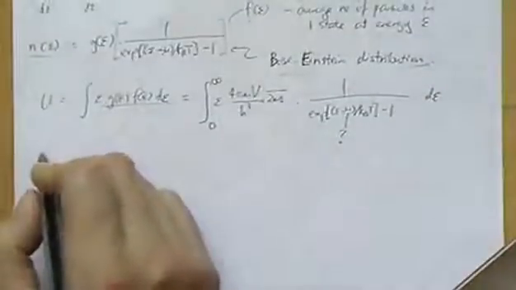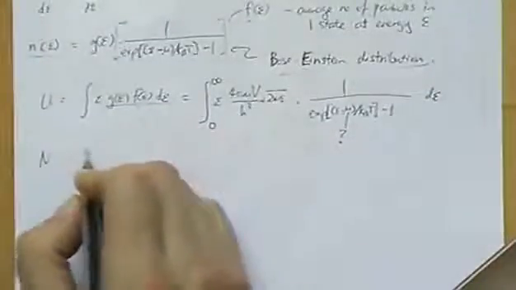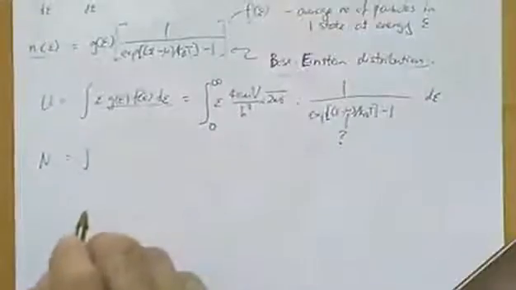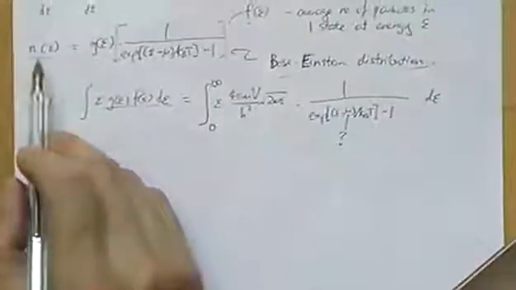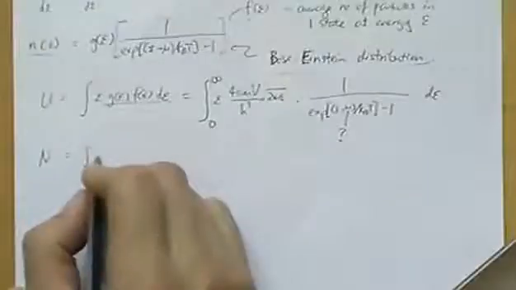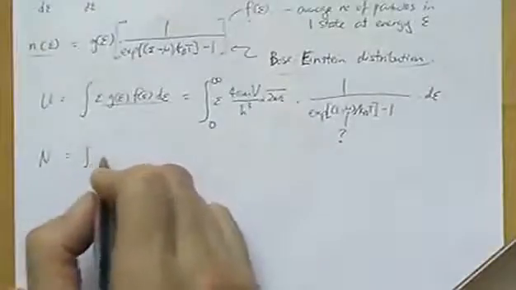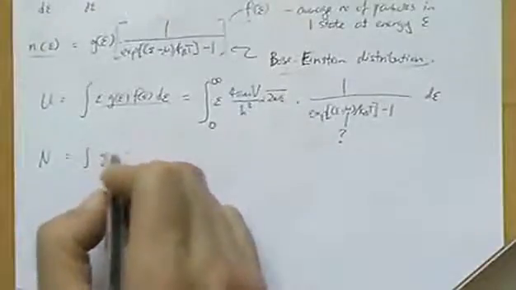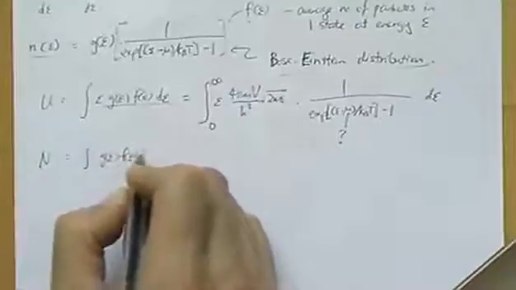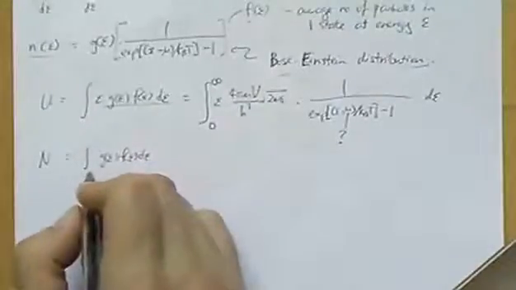Now the total number of particles, N, coming from there, you can get simply by integrating G(E) F(E), just adding up all the particles in each interval. It goes from 0 to infinity.